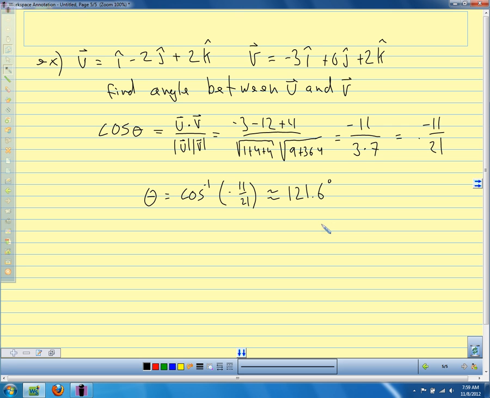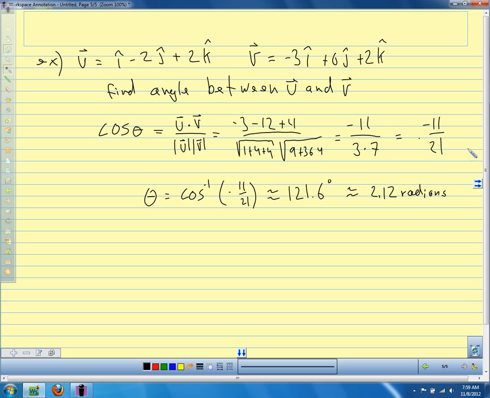It depends on the question and the application. You can do it in degrees or in radians. This one turns out to be about 2.12 radians. And if the cosine turns out to be 0, then you know that the vectors are orthogonal.